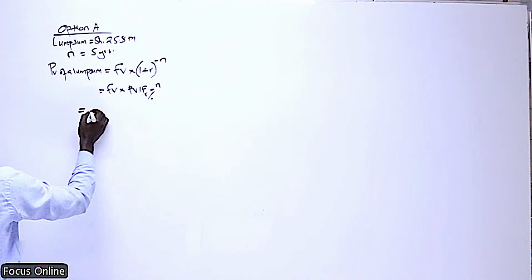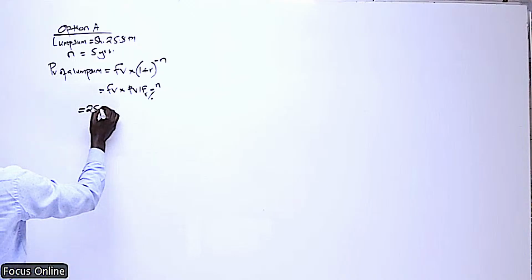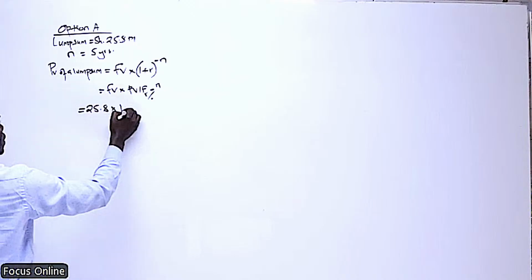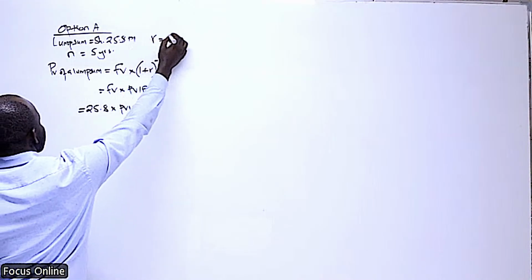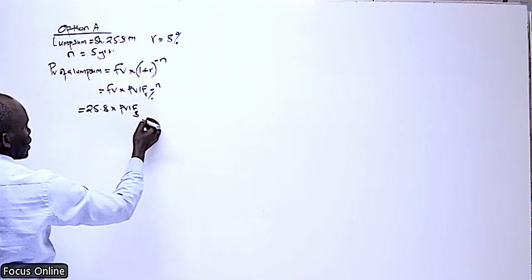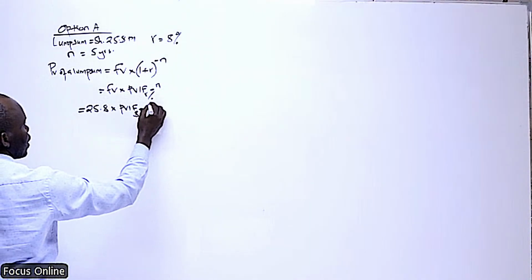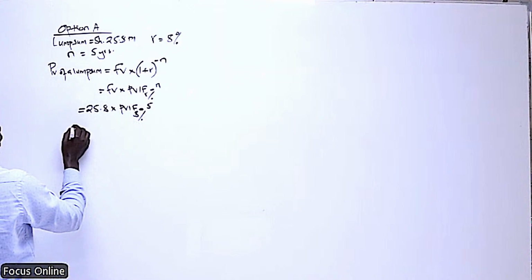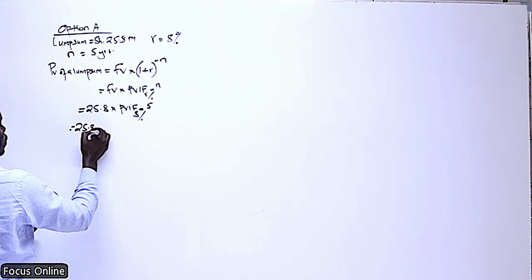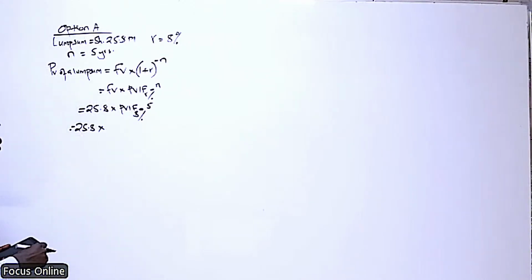So in this case, we will have our 25.8 million times the present value interest factor. Our r is 8%, so 8% power 5. Then you read this factor from the tables: 8% at period 5.